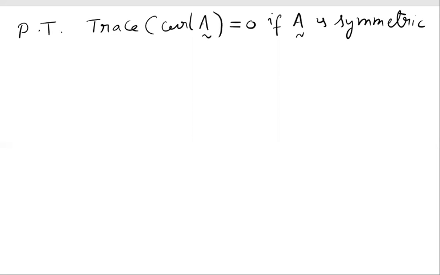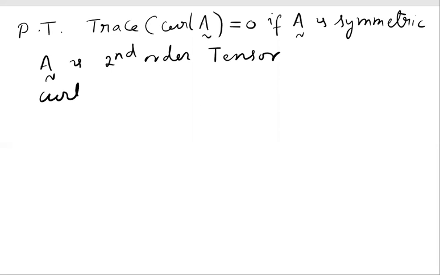So we need to show that trace of curl A equals 0 if A is symmetric. What is capital A? Capital A is a second order tensor. And what is curl of that?